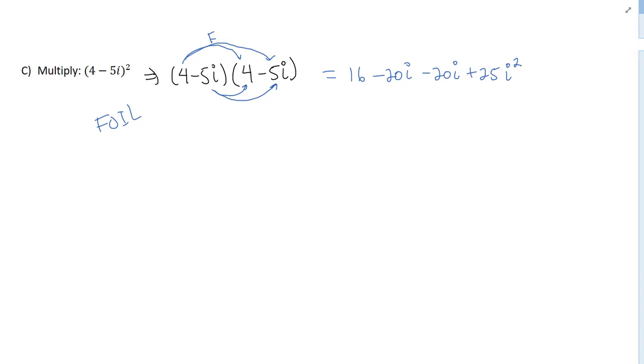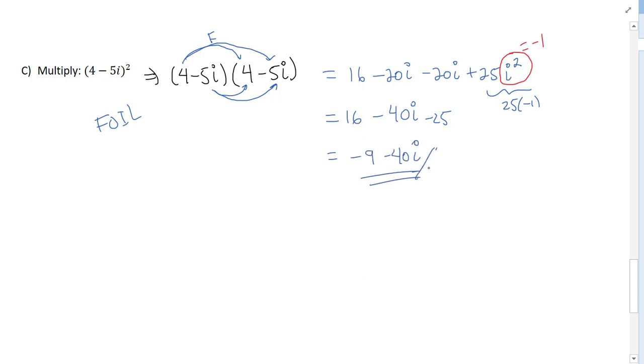Now remember that i squared is equal to the real number -1, so we can replace that. So I really have 16 minus 40i, and then 25 times -1 is -25. And so 16 minus 25 is -9 minus 40i.